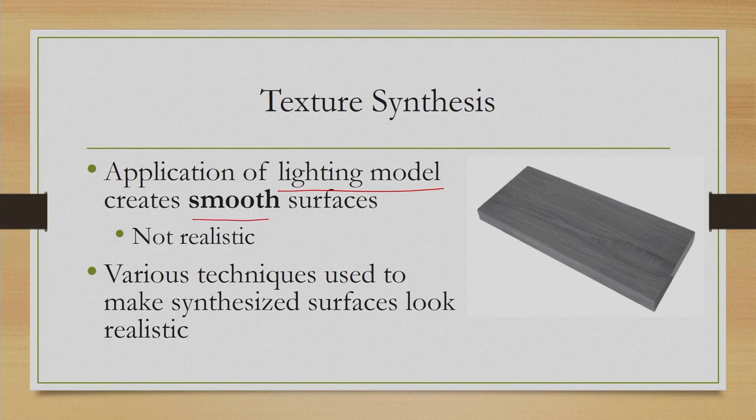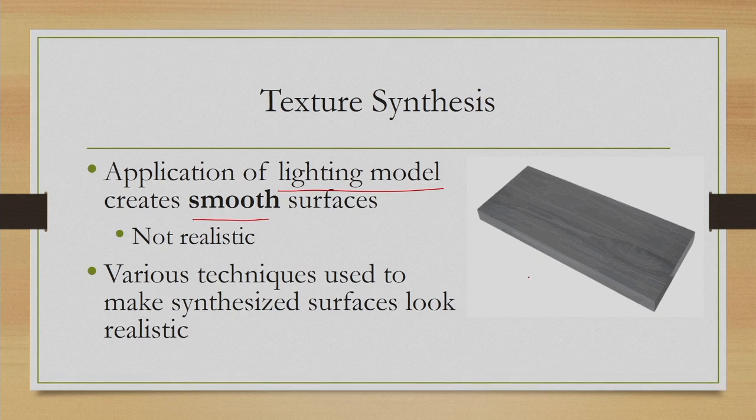Typically, we get to see different types of surfaces, and majority or almost all the surfaces are non-smooth. They have something else apart from a smooth distribution of color.